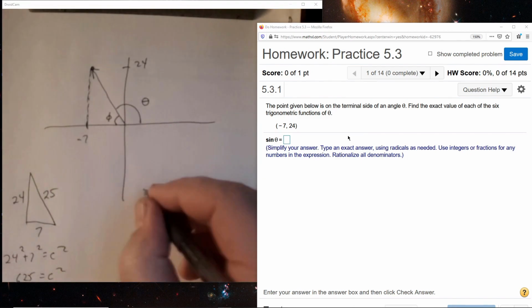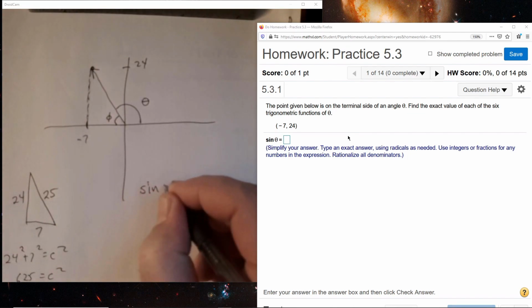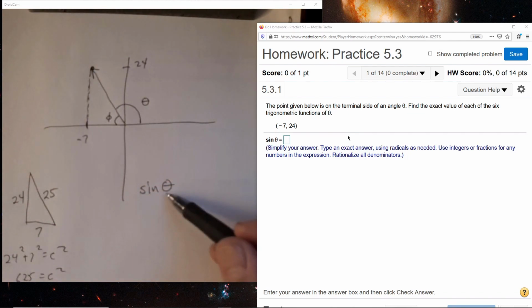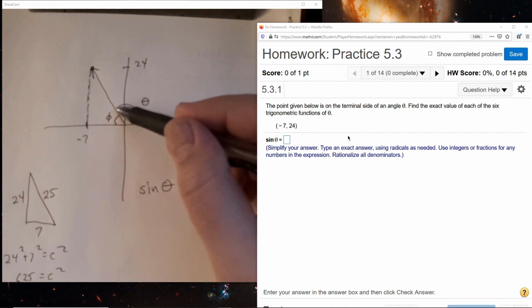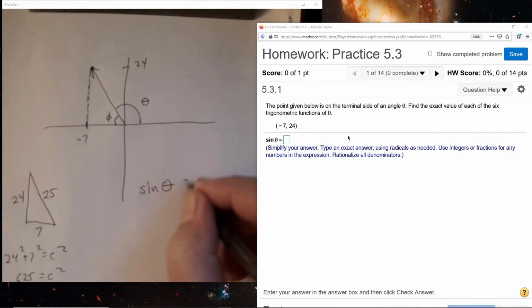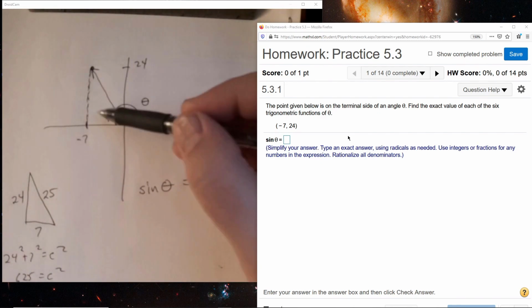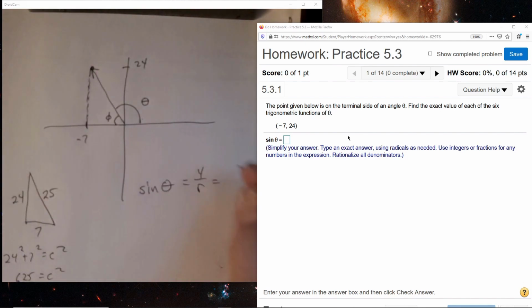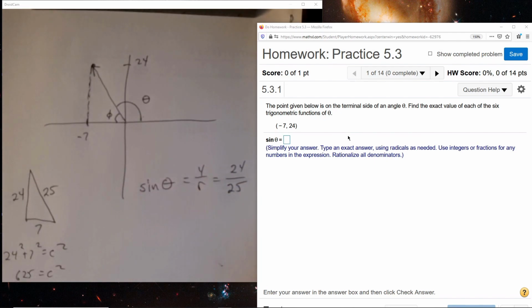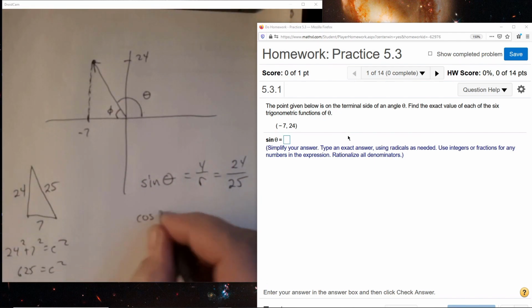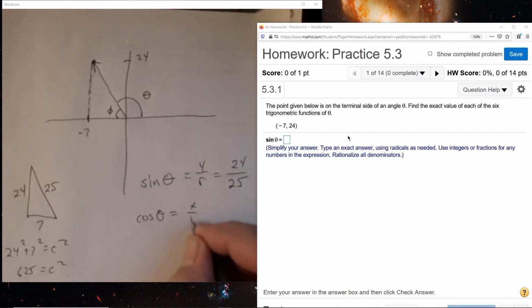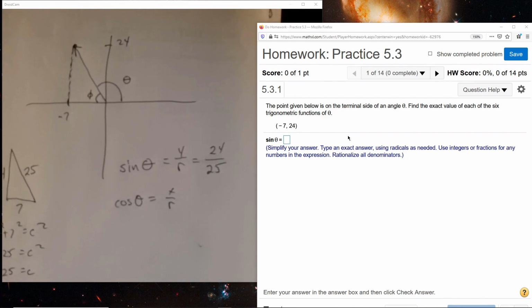So let's look at sine of our standard angle. So sine is y over r. So y is 24, and that's positive, and the hypotenuse is 25. Cosine is x over r.